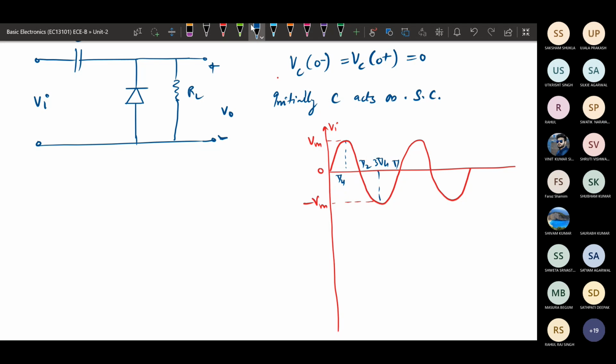So one cycle of the input waveform we have considered. With respect to that, we will get some output, defined at different time intervals, whatever input we are providing. We will just analyze that.